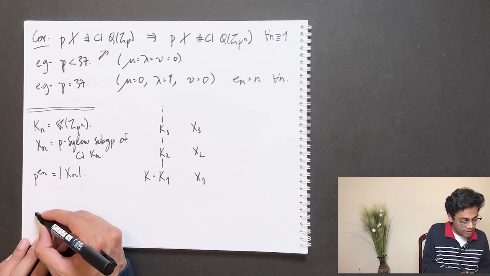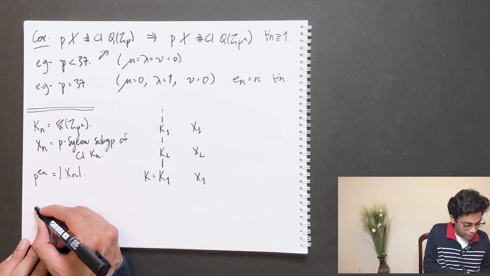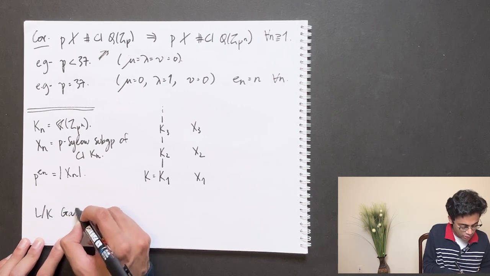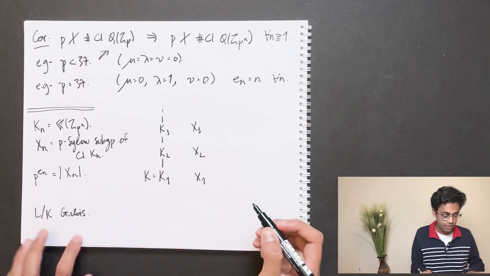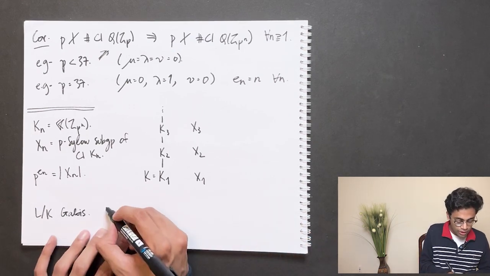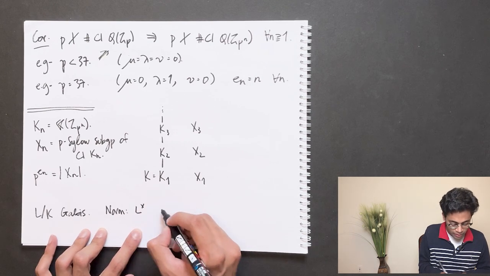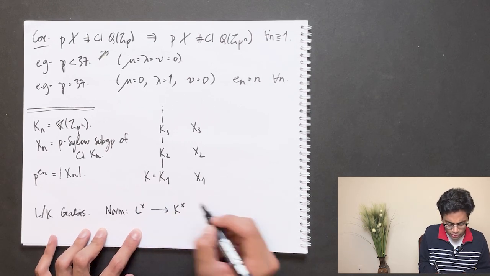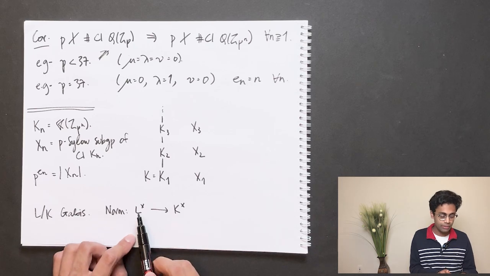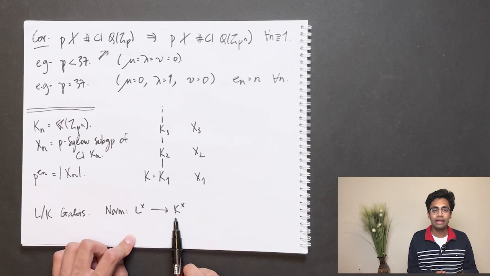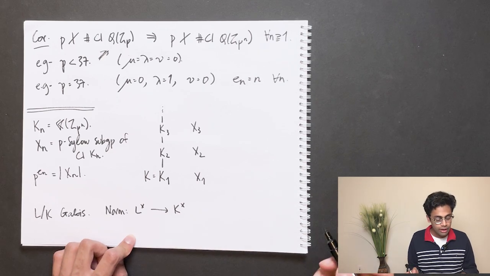Now, it's a general fact that we'll use: if you have any Galois extension L over K of number fields, there's a norm map from L cross to K cross. Given any element here, you send it to the product of all its Galois conjugates, and that's Galois invariant, and that lands you over here.